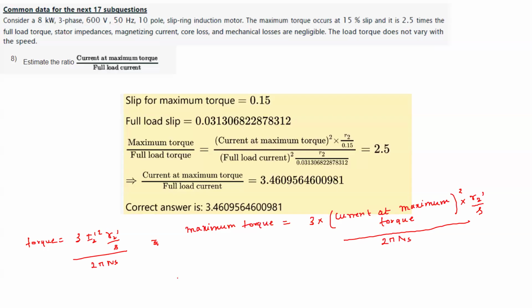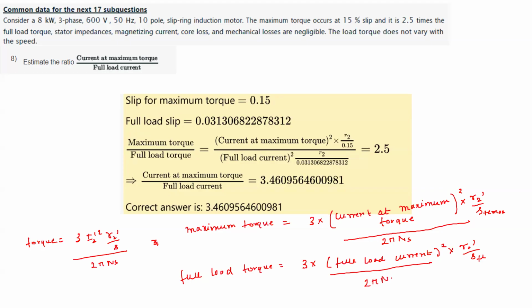Okay. And then we have to write the full load torque. So what is the full load torque? It is 3 times the full load current square into R2 dash by slip corresponding to full load, so this is slip full load, divided by 2 pi ns.